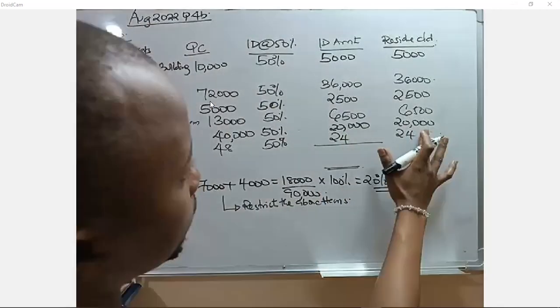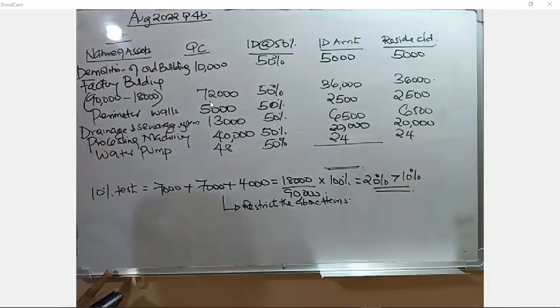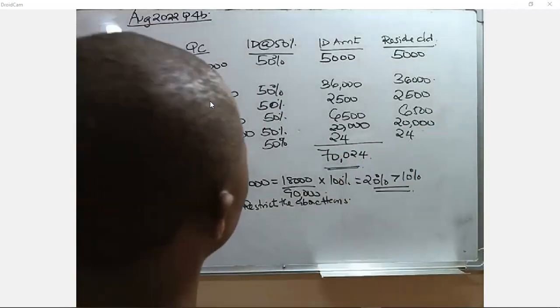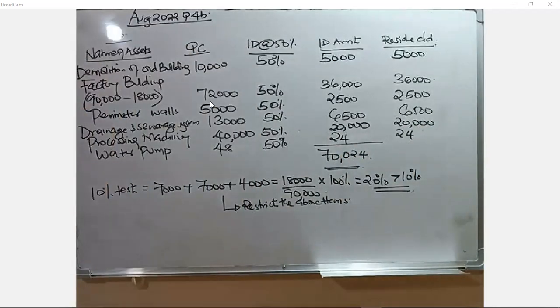That is okay. It should be 24. So it should be 5,000 plus 36,000 plus 2,500 plus 6,500 plus 20,000 plus 24. I'm getting 70,000 and 24. That is the investment deduction.